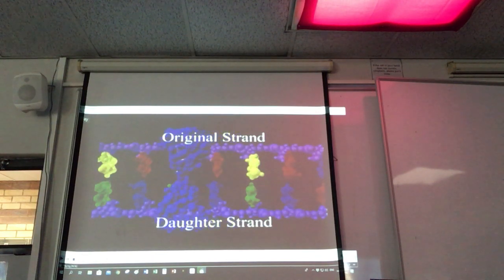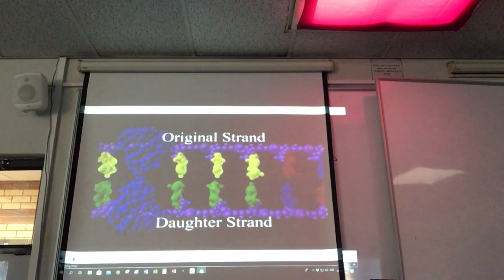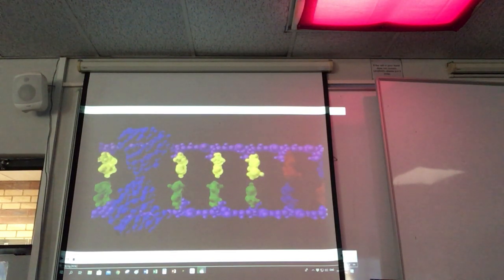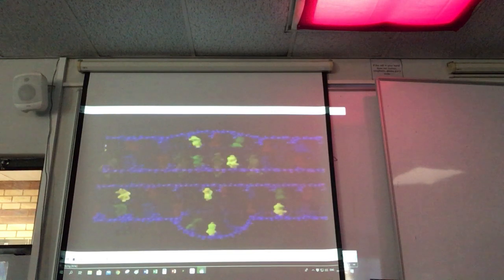If the enzymes correct the mismatch by replacing the base on the daughter strand, the original base pair will be restored. However, if the enzymes correct the mismatch by replacing the base on the original strand, a base pair different from the original DNA will result, and a point mutation will have occurred. Insertions and deletions occur not due to any errors in replication, but rather from a break or breaks in one of the strands.